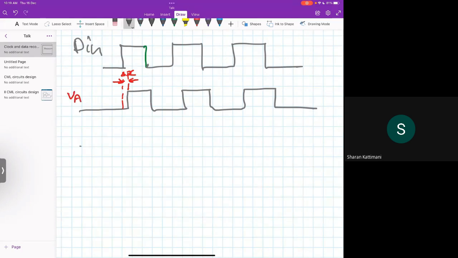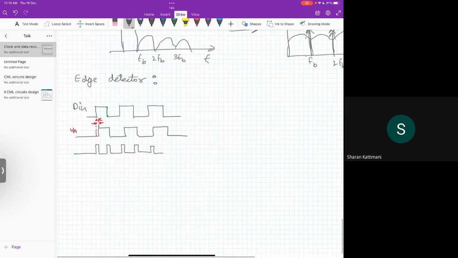At the output, if you somehow process it in such a way that you get this kind of pulse, you can say that it is nothing but an edge detector, because you are getting a very short pulse at each of the edges.